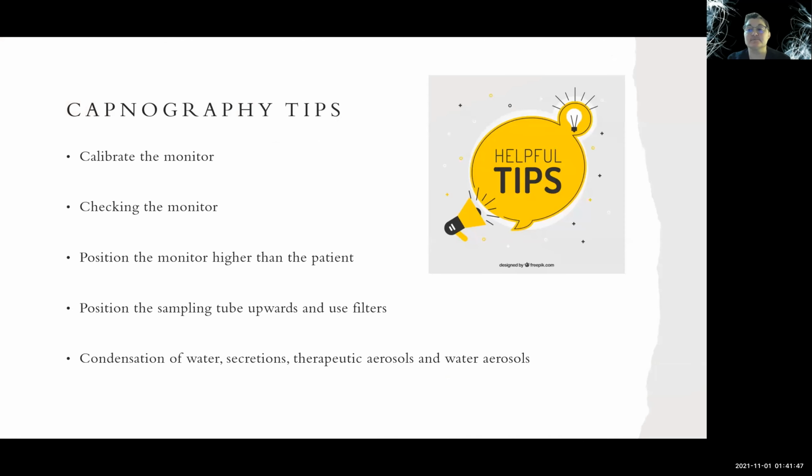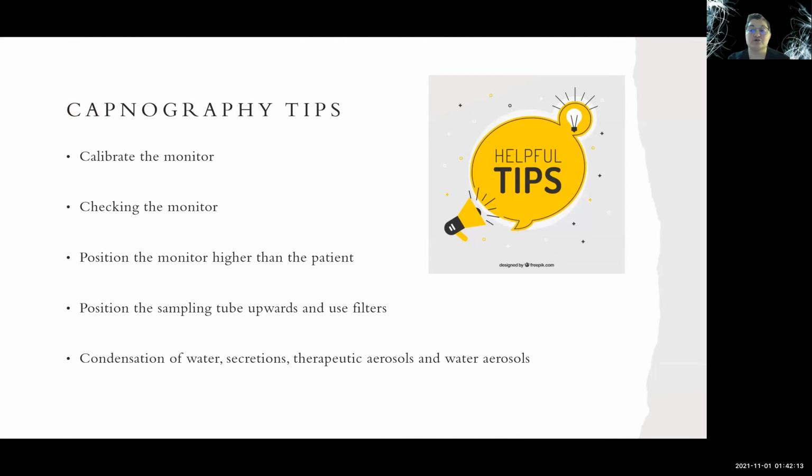So discipline is the key to success when we're dealing with capnography. You can receive maximum benefit from capnography if you follow some of these guidelines in your day-to-day anesthetic and even sedative practices. You want to make sure to maintain and calibrate your monitor as the manufacturer's guidelines stipulate.